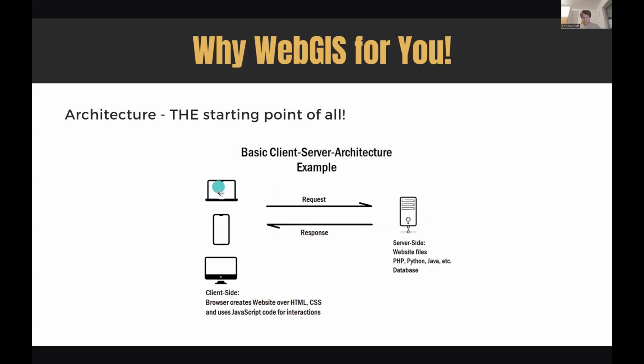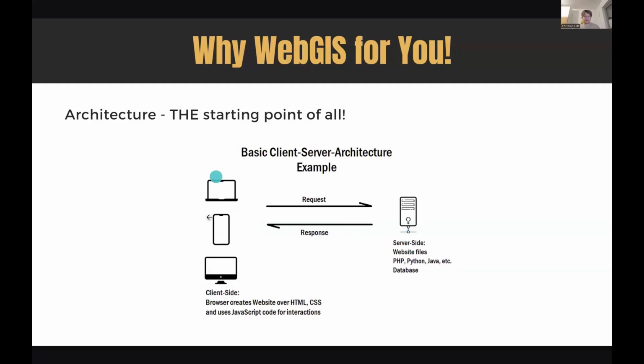So what usually happens is that from the client side, someone types in the URL for your WebGIS application, and the request goes from the browser to the server. The server looks, okay, this exists, so it will respond. HTTP request, HTTP response, in full, and it responds to the client.